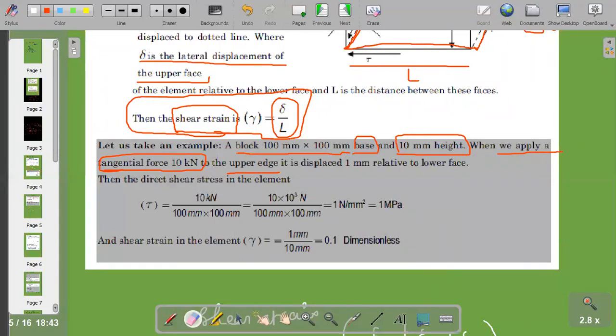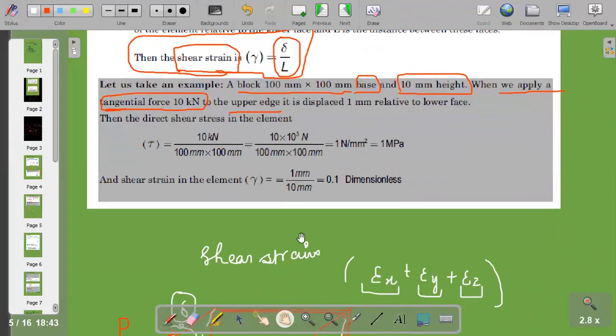Height is given, means you have to make a 3D diagram here.